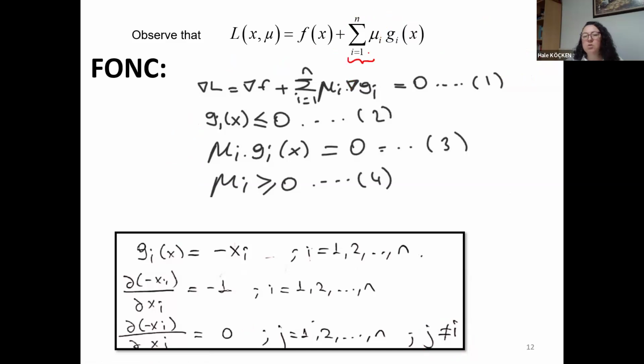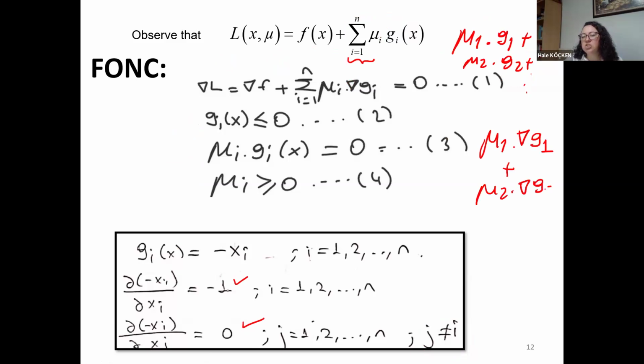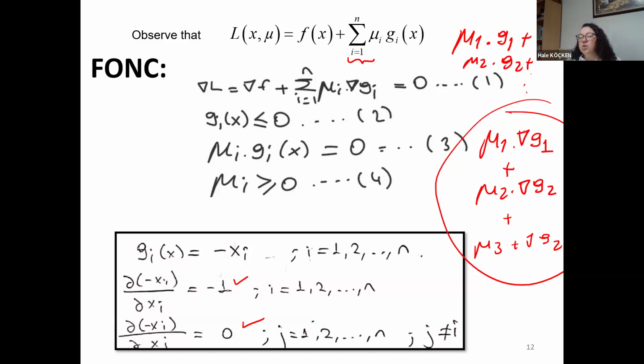We drop sigma. Why? Because it is like mu1 times g1 plus mu2 times g2 and so on. If you take the gradient of it, it will be mu1 times the gradient g1, which is -1 or 0 component-wise, plus mu2 times gradient g2 and mu3 gradient g3. This is the vector form. In component-wise form, the first row is the derivative with respect to x1.